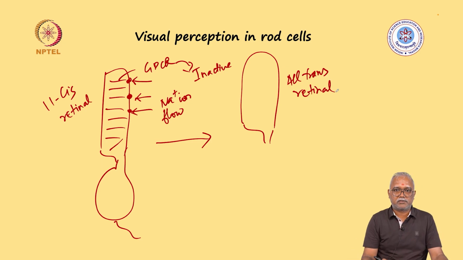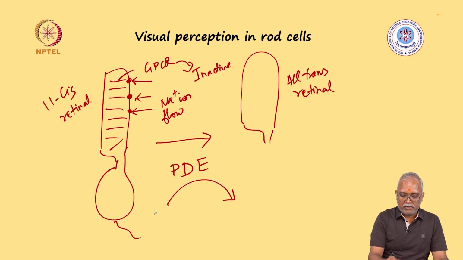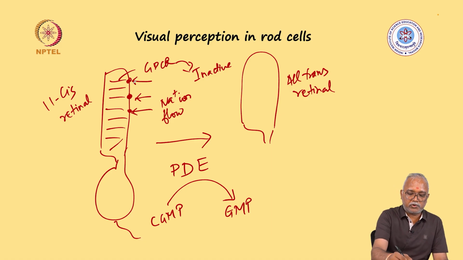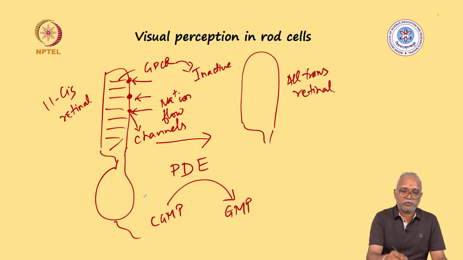which activates the receptor. The receptor activation means it will activate phosphodiesterase enzyme. What this is going to do is the cyclic GMP which was there will be broken down into a linear GMP molecule. The channels which are here are ligand gated channels, which means that they bind to cyclic GMP and open those channels.